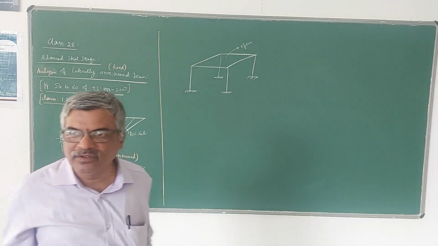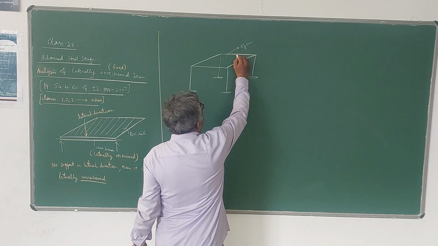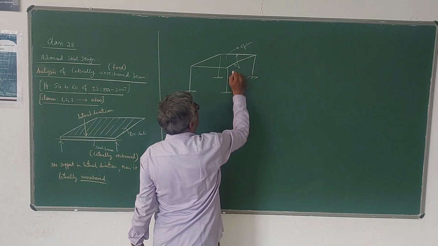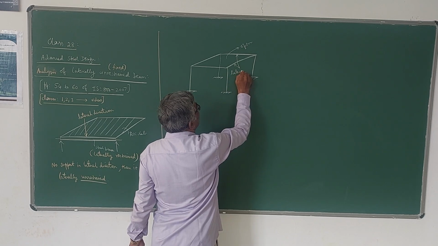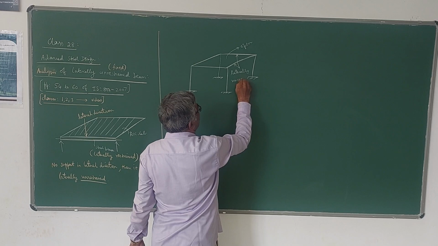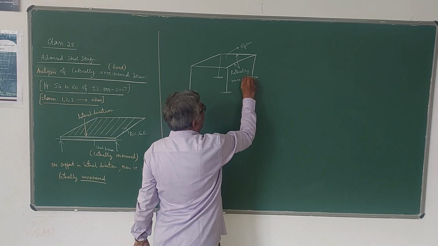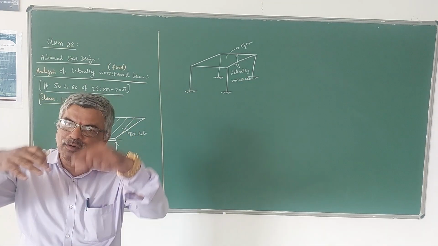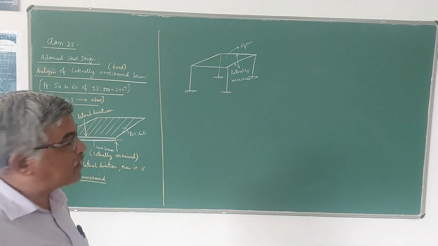Then these beams are called laterally unrestrained or laterally unsupported. Open. So in that case, what happens?